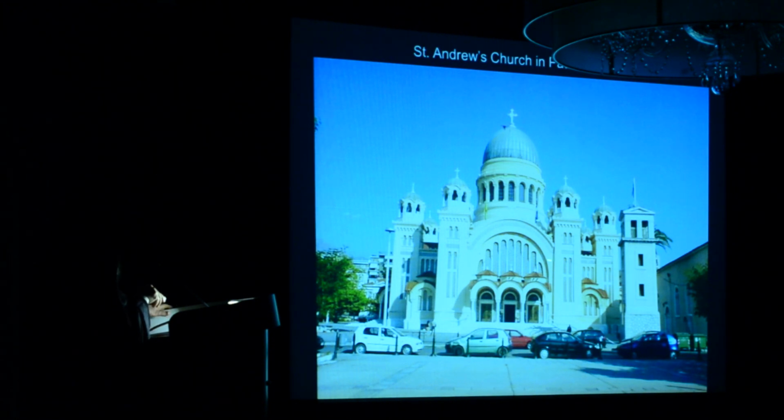If I may, I have a personal note here. When the relics of St. Andrew were brought back there, I was in Athens as an archimandrite and the local metropolitan invited me. The church was only the skeleton at that time.